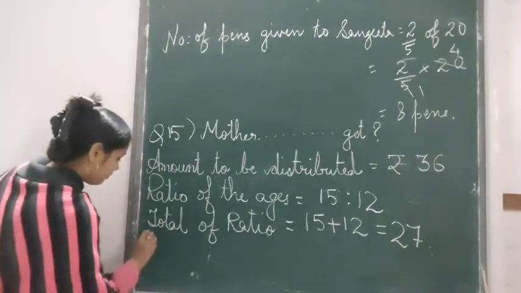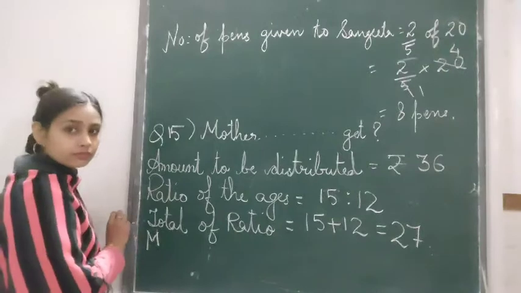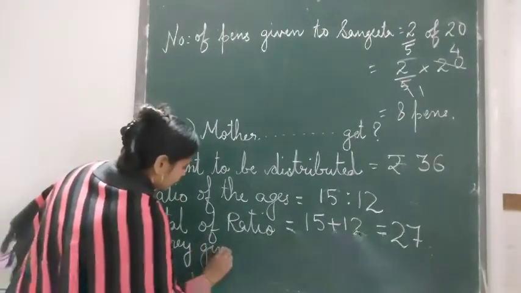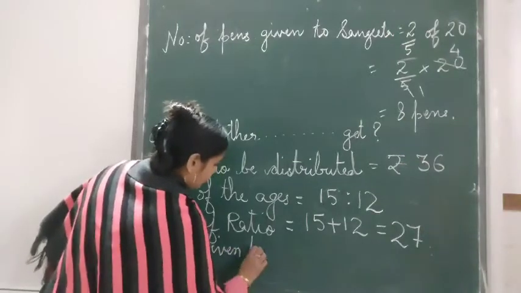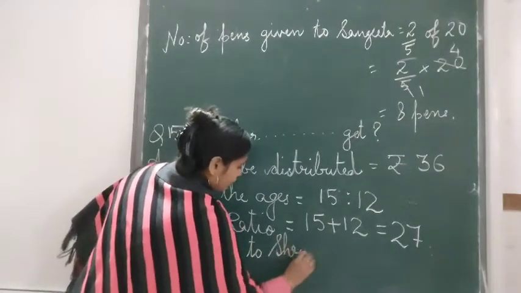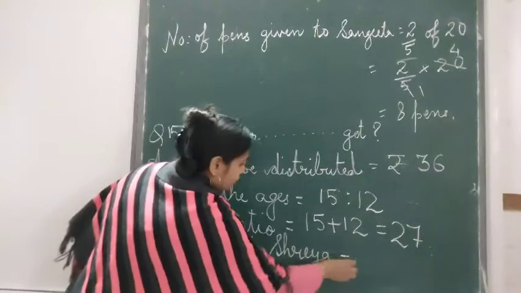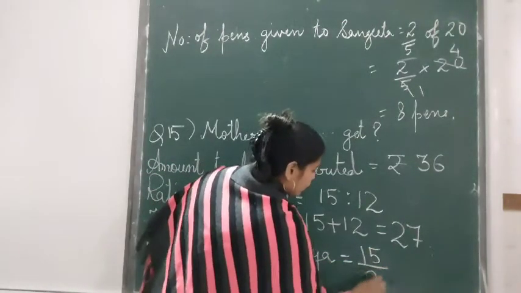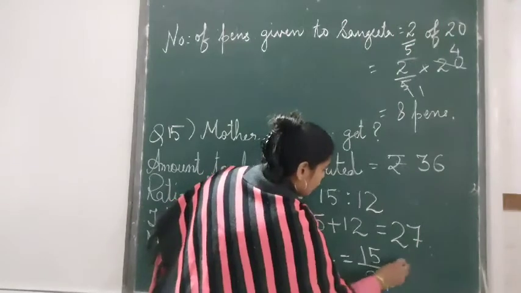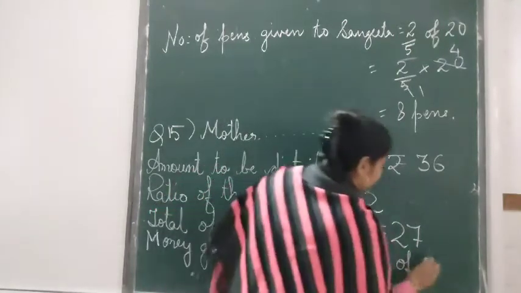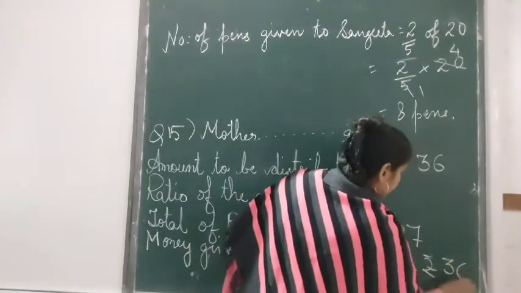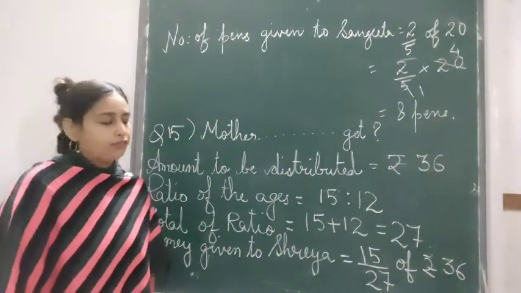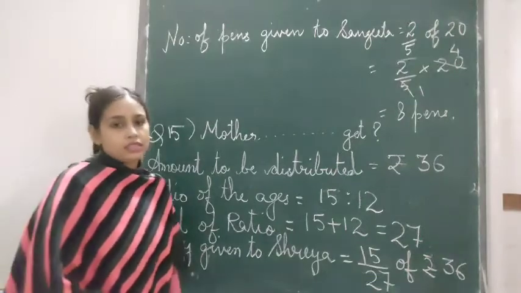Okay, so let's start. Money given to Shreya, that is her age by the total of ratio of the total amount, that is 15 by 27 of 36.